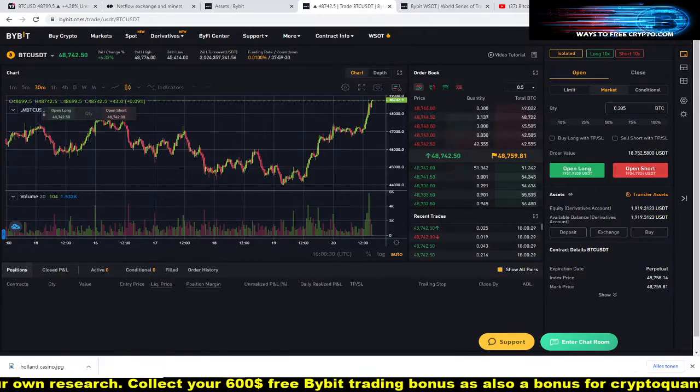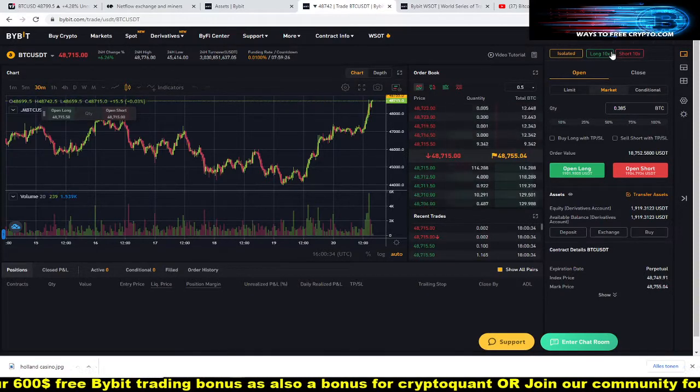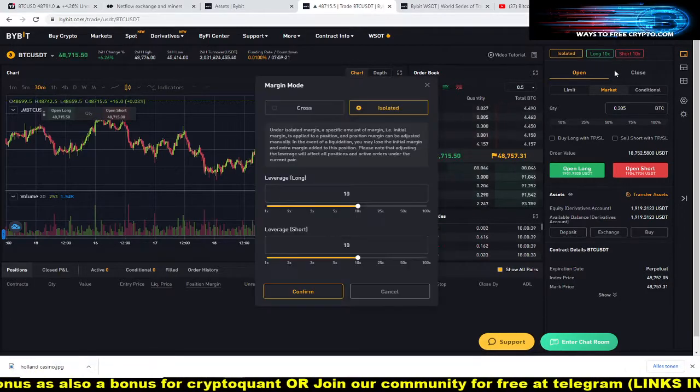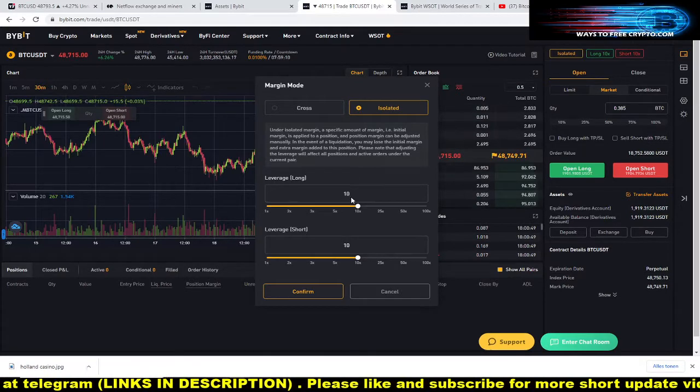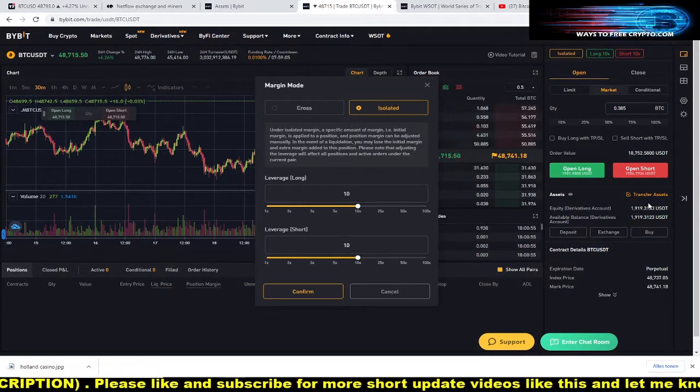Then this is the order section. Here is the amount of leverage that you can use. So before you start, simply select the amount of leverage. Now, just to calculate simply how this works, if my leverage is 10 and I'm playing for $100 US, then it means that my eventual order is playing for $1,000.